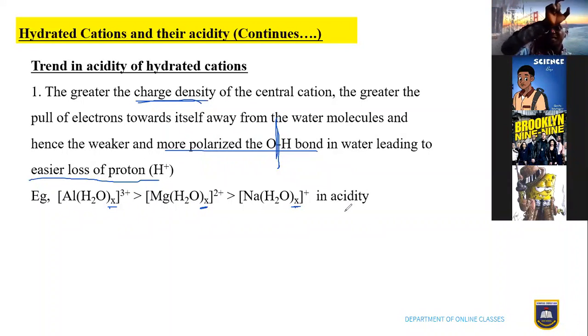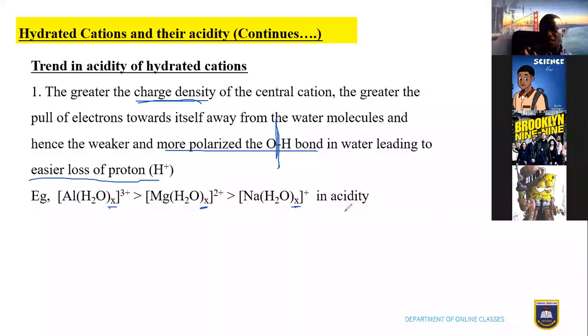And atomic size decreases across the period. What it means is that sodium, which comes first, is bigger in size than magnesium, and also bigger than aluminium, which comes third. So aluminium has a smaller size than magnesium, yet it has a bigger charge than magnesium.